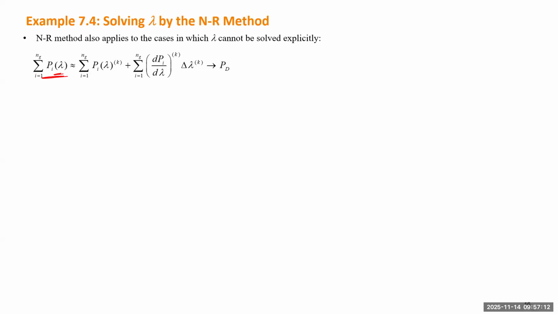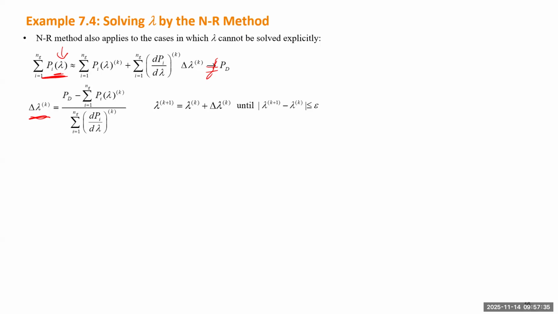If lambda is not at that $8.5, it will not be equal to the final load. But you can iterate. In the Newton-Raphson method, each iteration you update that lambda until the gap becomes 0.